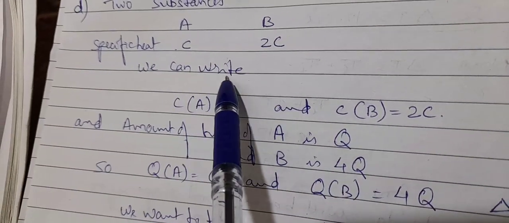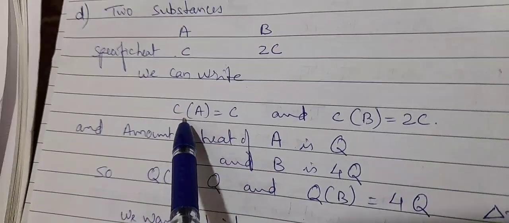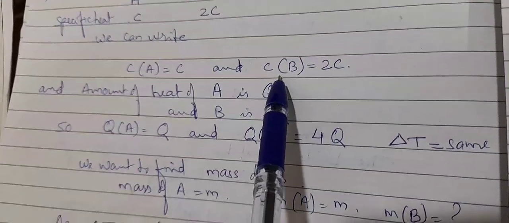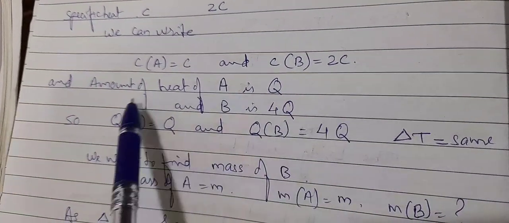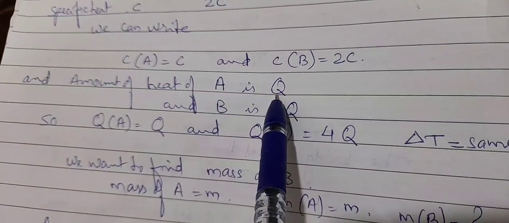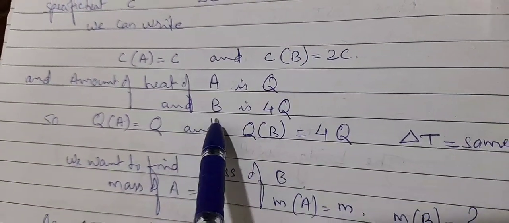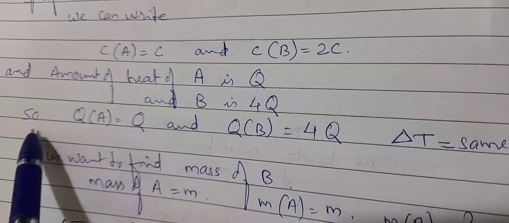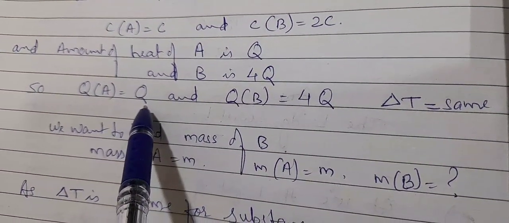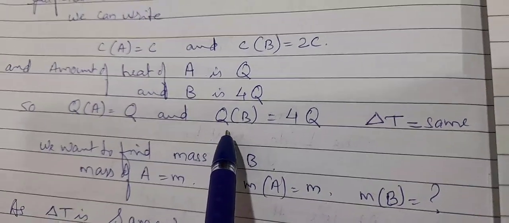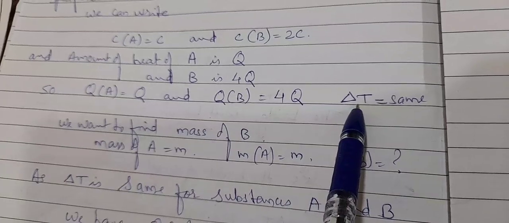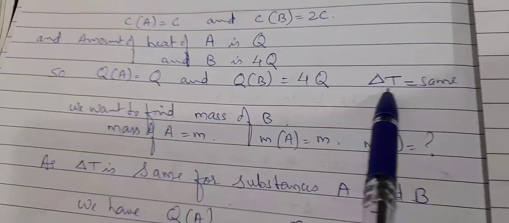So we can write specific heat of A is equal to C and specific heat of B is equal to 2C, and amount of heat of A is Q and amount of heat of B is 4Q. And change in temperature, delta T, is the same.